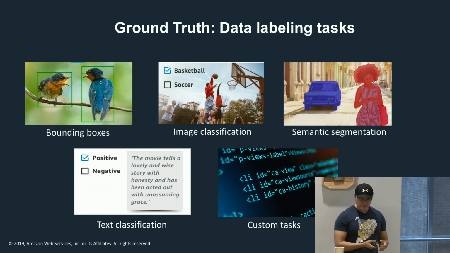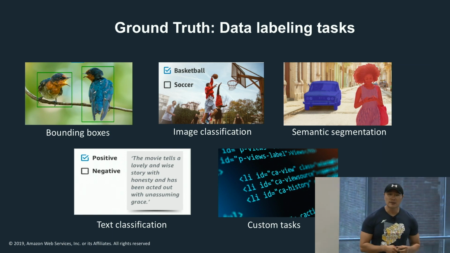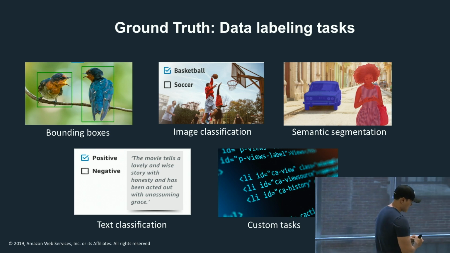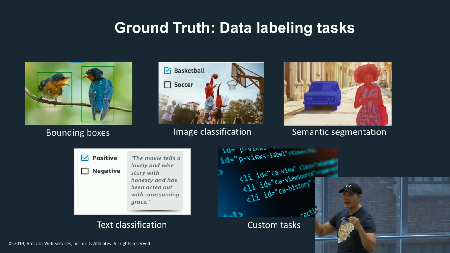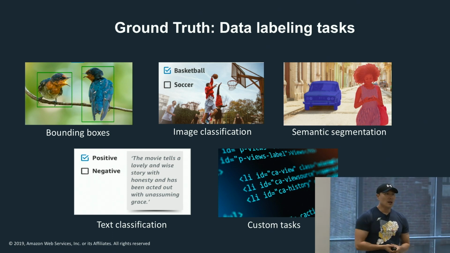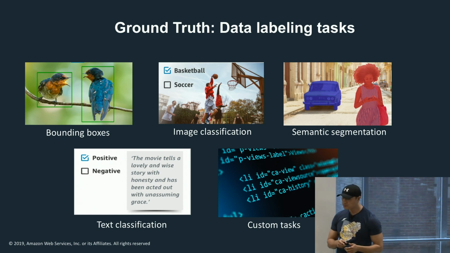And then text classification is very easy. This one is actually a sentiment analysis, right? If you have a lot of unstructured text that you want to extract meaning out of, this is one way to do it as well. You look at the different tweets or feeds that are coming in, and you can have a labeler label whether this is good or bad, right?